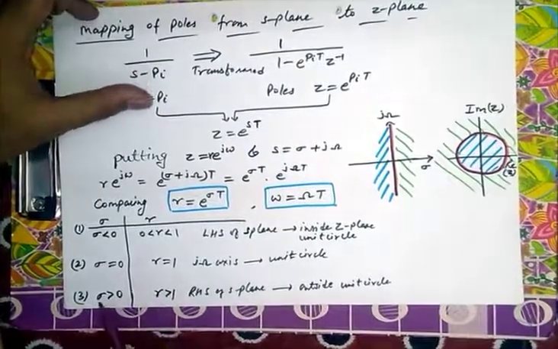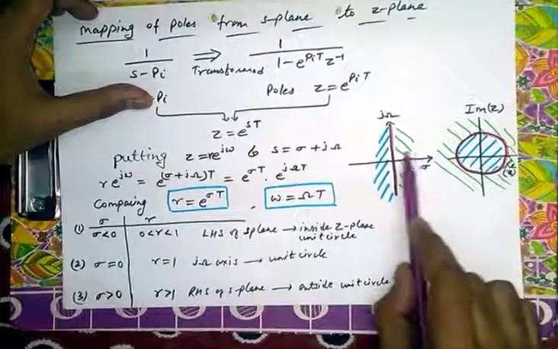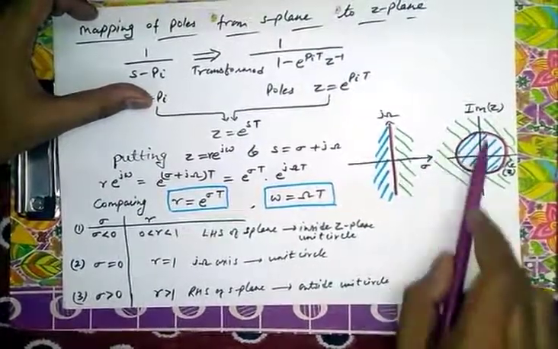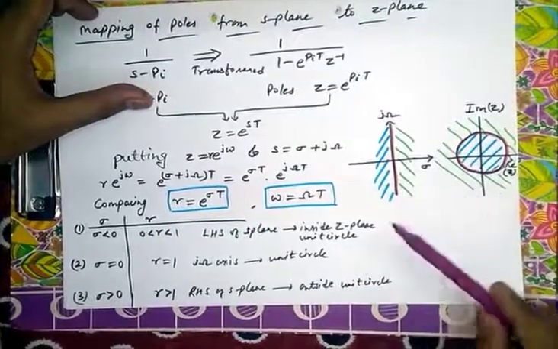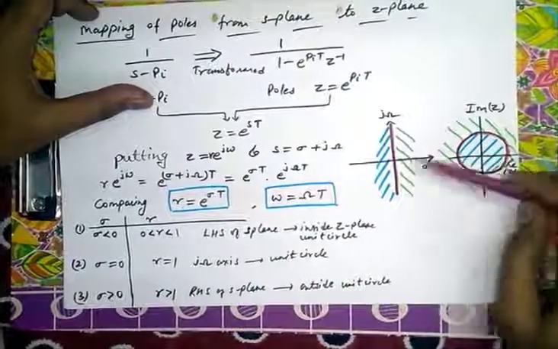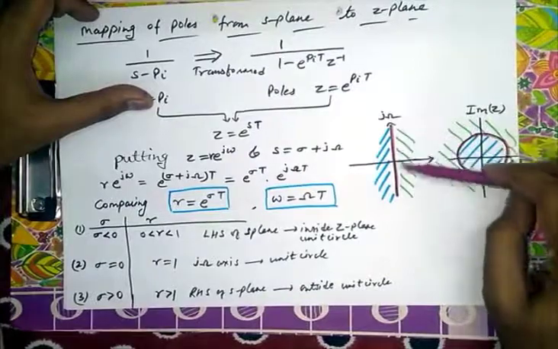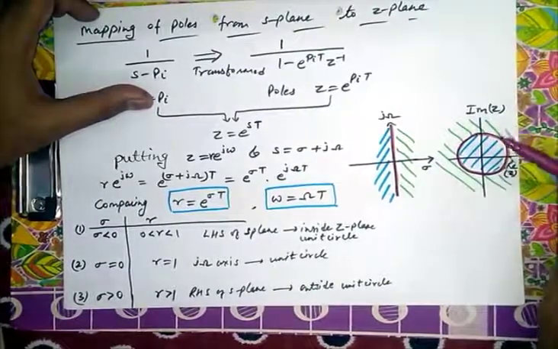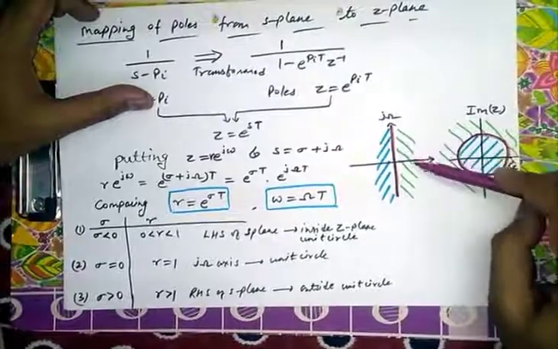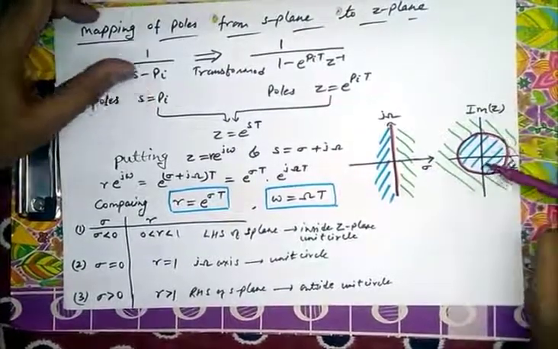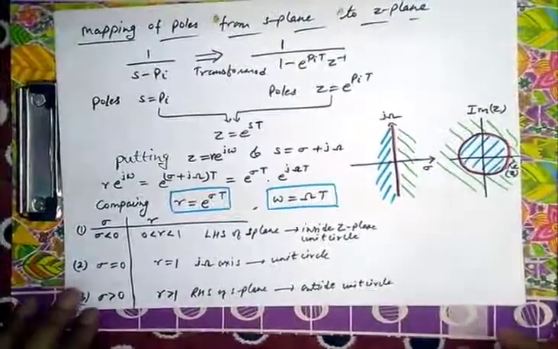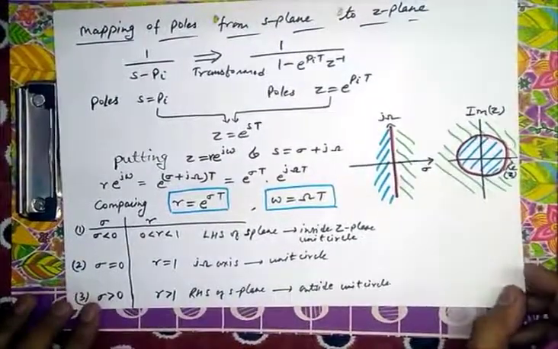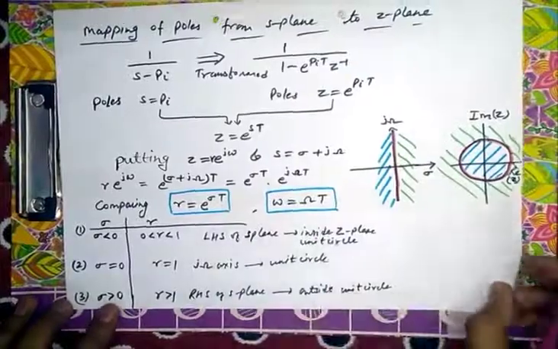And when sigma is positive, that is this half, then r is greater than 1, that is outside of the unit circle. So this is the mapping: the left hand side is mapped inside the unit circle of the z plane, and the right hand side plane is mapped outside of it. This is known as mapping of poles in the impulse invariance method using this formula.